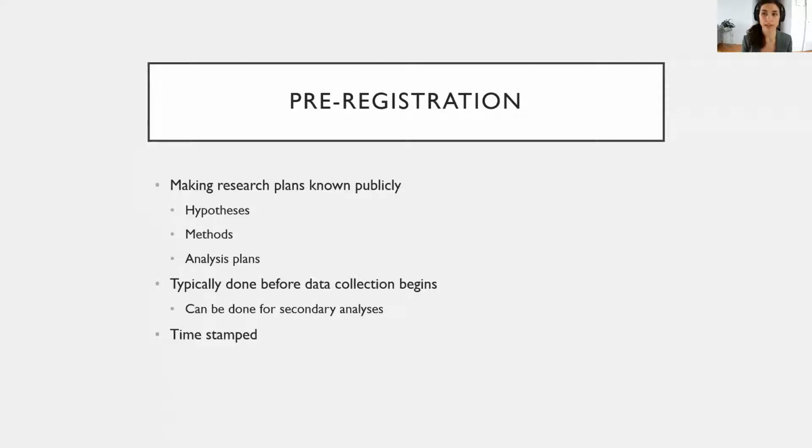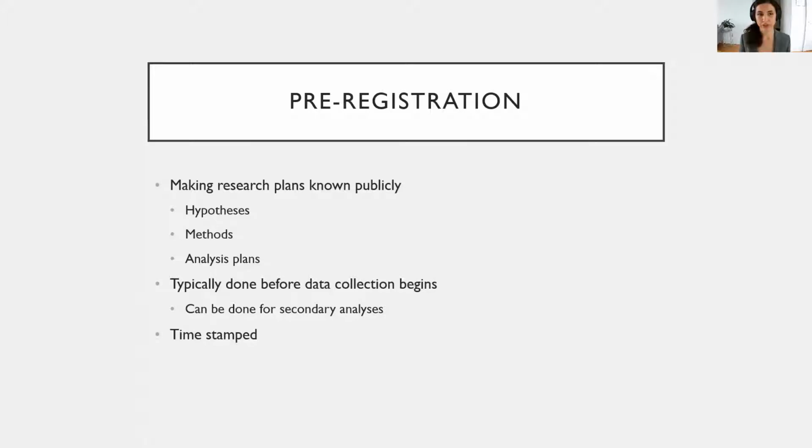You can motivate your research study, provide your hypotheses, outline your methods, and include your analysis plans, all nicely typed up for other researchers to reference and look at once you do your final study and actually have the data to analyze.